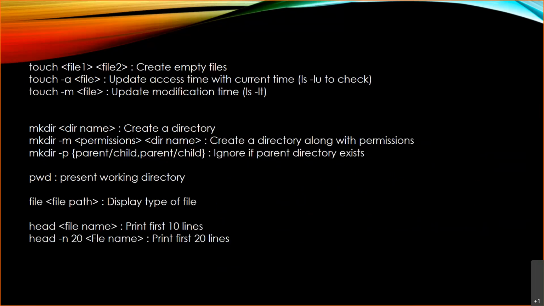And another one is head. Head will print the first 10 lines from the file, and head -n is to define the number of lines to be printed. Tail will print the last 10 lines, and tail -n is to define the last n number of lines to be printed.